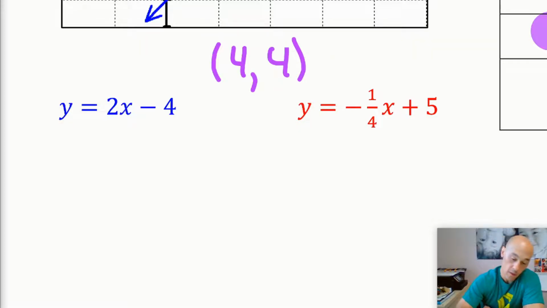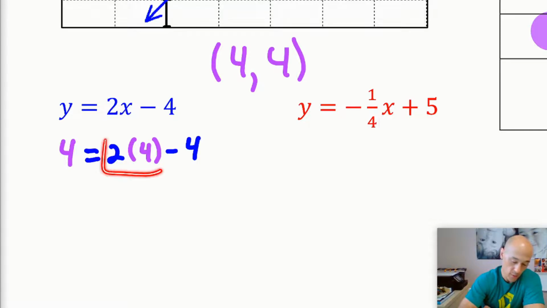So we have y, 4, is equal to 2 times 4 minus 4. 2 times 4 is 8, so we have 4 is equal to 8 minus 4.